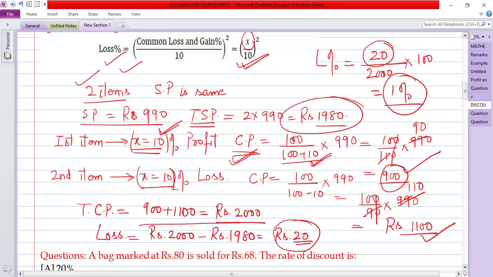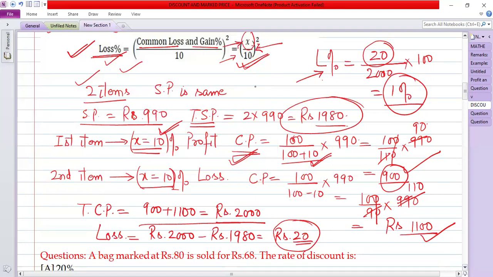Okay. Now we can directly find this loss percentage by using this formula which you are seeing here. So loss percentage. Okay. So it will be common loss and gain. The common gain or loss was X. X divided by 10, then whole square.